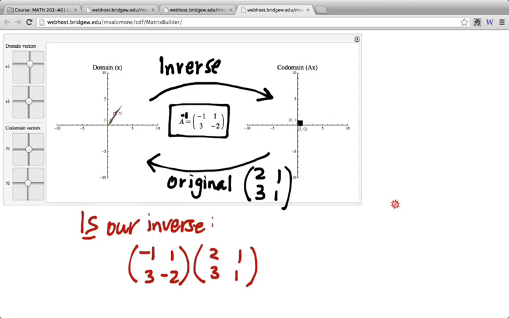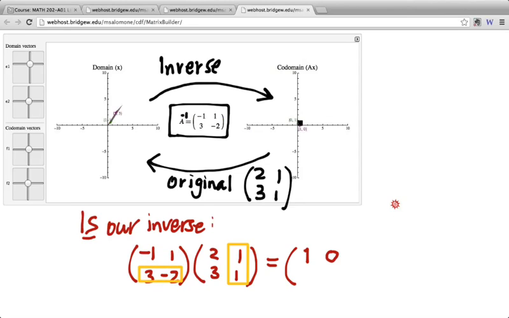And see what happens. So the first entry in my product is going to be -1 times 2 plus 3 times 1. The second entry in my product is going to be -1 times 1 plus 1 times 1, otherwise known as 0.